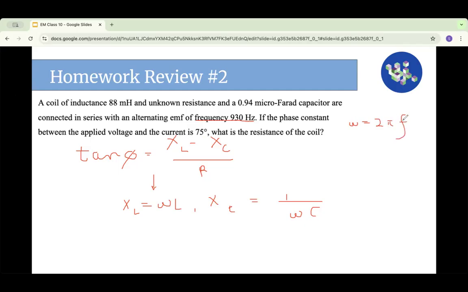So plug all these things in and you can solve for R. Any questions on that? If not, on to the next question.